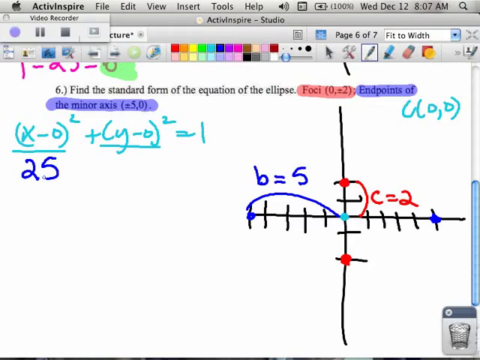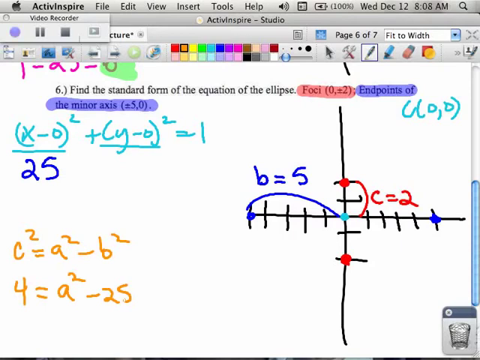And so now all I need is my major axis length, or in other words the a, and then square that kind of thing. I use my formula again with c squared equals a squared minus b squared. I know that my c was 2, which means c squared is 4. I don't know my a squared, but I know that my b squared was 25, because b was 5.